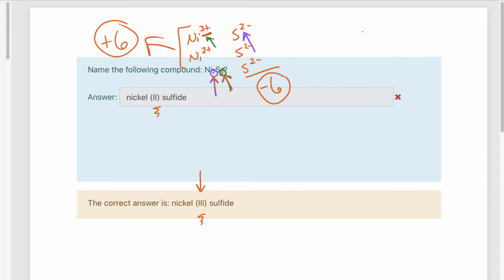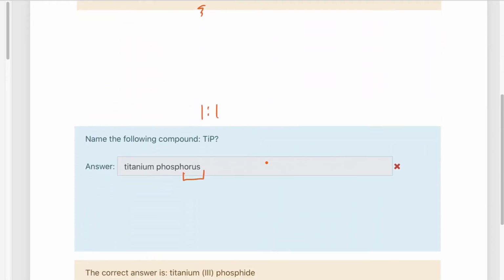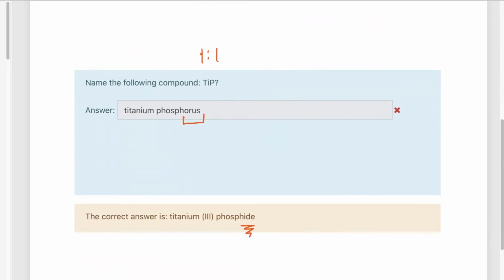The numbers here indicate the charge of the other ion if the numbers are different. In this kind of example, when it's 1-to-1, well, really what you have to do is you have to break it apart. Now, we already know that titanium, since it's in that transition metal group, it's going to vary in charge.